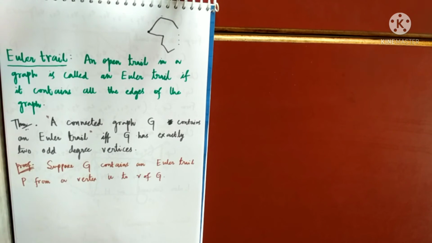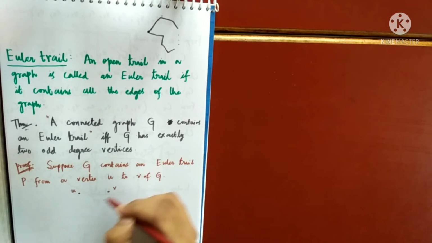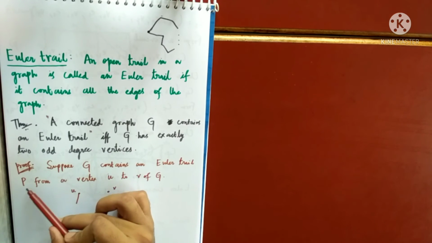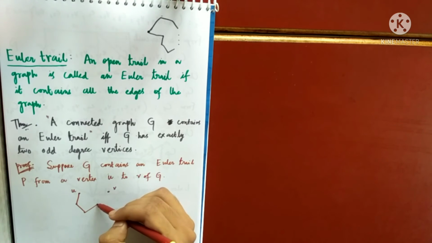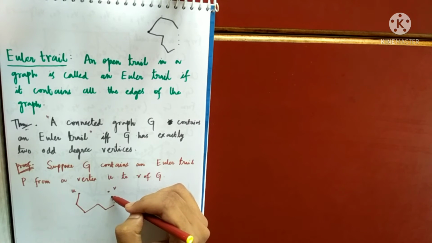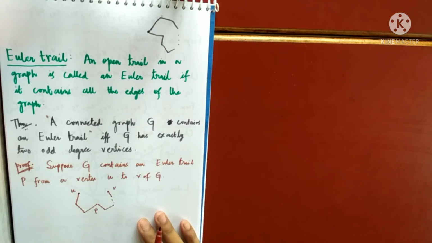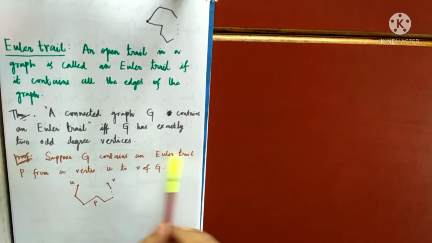So try to understand my point. I'm just drawing this graph arbitrarily. So this is U, this is V. I have this trail that contains all the edges of the graph and ends at V. Remember, this trail P contains all the edges of the graph, because that is the definition of an Euler trail.